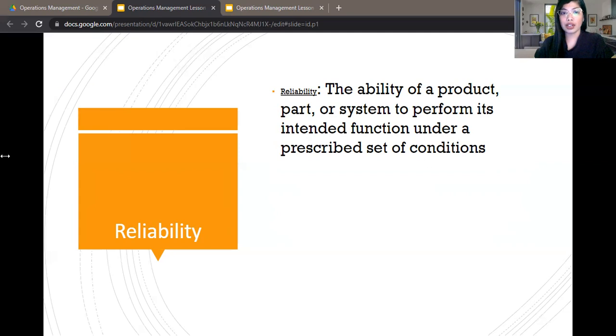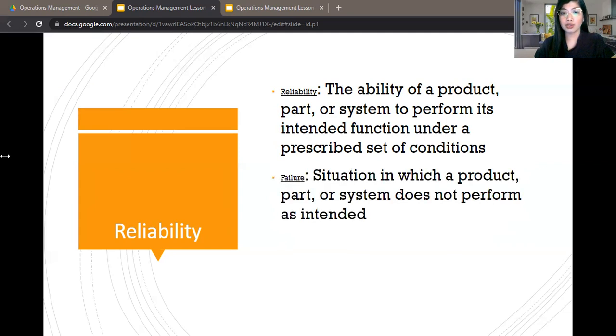The term failure is used to describe a situation in which an item does not perform as intended. This includes not only instances in which the item does not function at all, but also instances in which the item's performance is substandard or it functions in a way not intended.